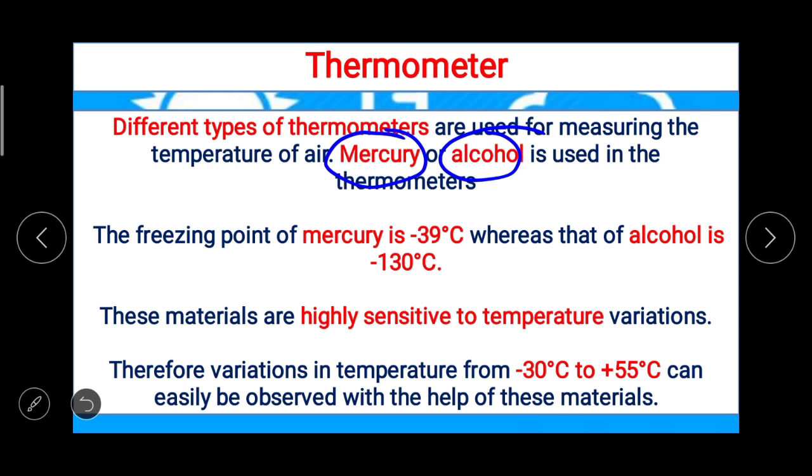The freezing point of mercury is minus 39 degrees Celsius, whereas that of alcohol is minus 130 degrees Celsius. And these materials are highly sensitive to temperature variation, so that we can easily understand the difference in the temperature.